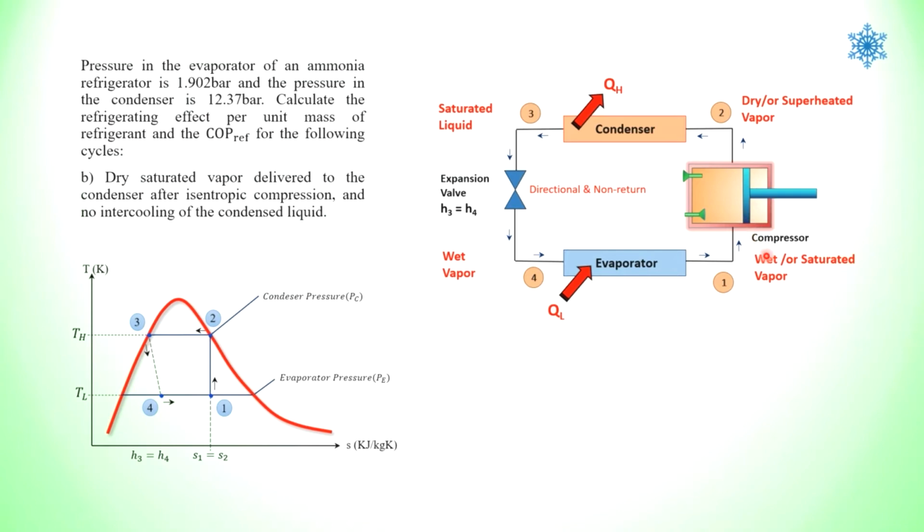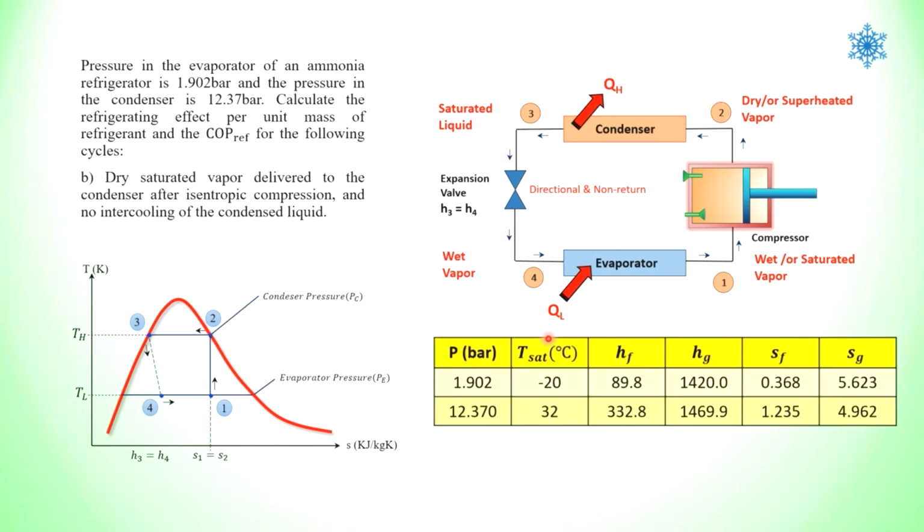That is why it's called a vapor refrigerant compressor. These are the data they have extracted earlier from the property table, with your Hg, Sg, Sf, and Hf with respect to the evaporator pressure and the condenser pressure.